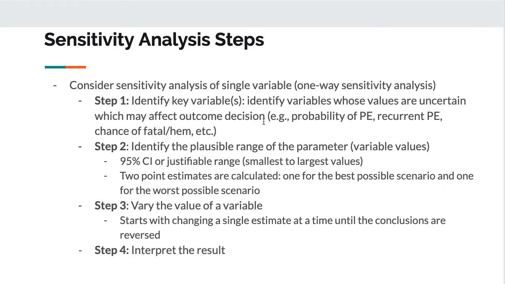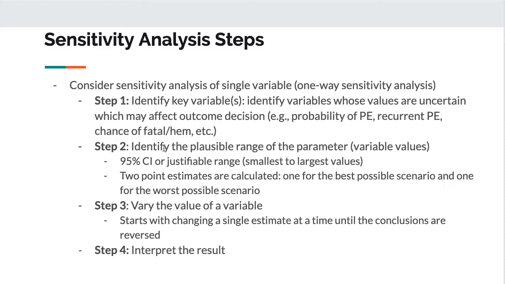For example, in our previous example, the probability of PE, the probability of the recurrent PE, or the chance of fatal hemorrhage and so on. By constructing our decision tree and looking at each branch or each path of our decision, we can see which parameters are uncertain, and whose values changing may affect the outcome decision.